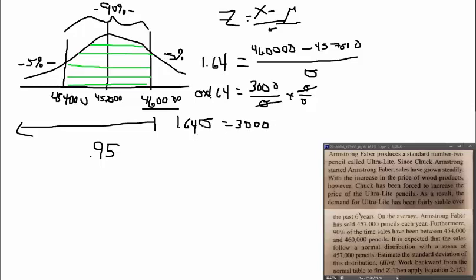And then I divide each side by 1.64, which gives me the standard deviation equals 3,000 divided by 1.64, which gives me my standard deviation equals 1829.27. So this is my standard deviation for this problem.